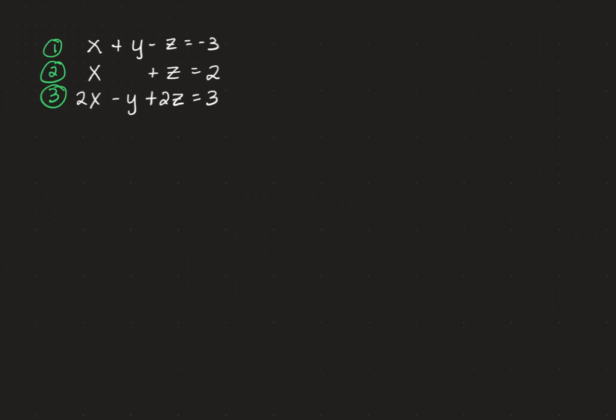Number 2, the second equation here, already has only 2 unknowns, 2 variables. So we're just going to reserve number 2 and we'll use it later. Therefore, we're going to have to combine equation 1 and equation 3. Now we have to choose which variable to remove from our process. Which variable is going to add to be 0?